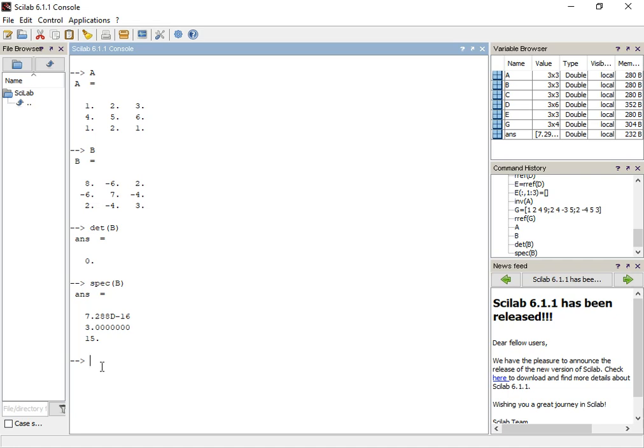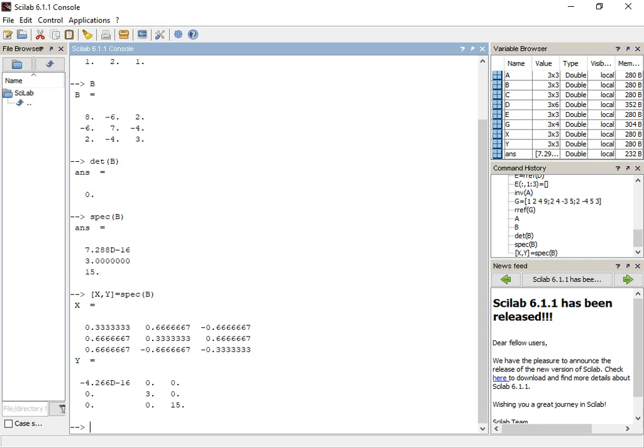Now if I want to find the corresponding eigenvectors, you have to perform this operation with one extra thing. Let me write both capital: in brackets X comma Y equals SPEC, that is spectrum, of B. What will this provide?